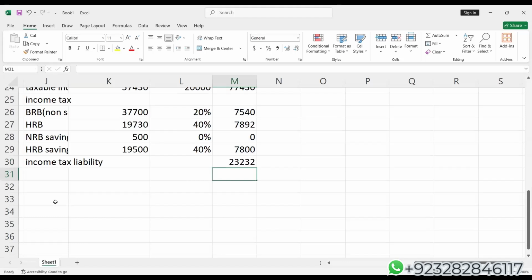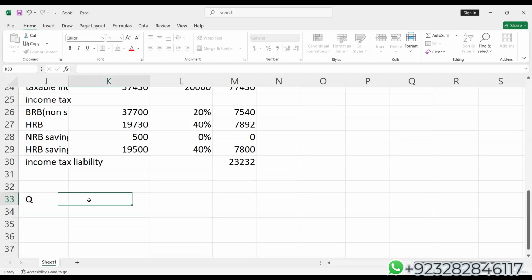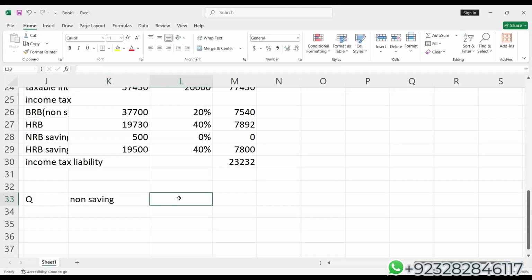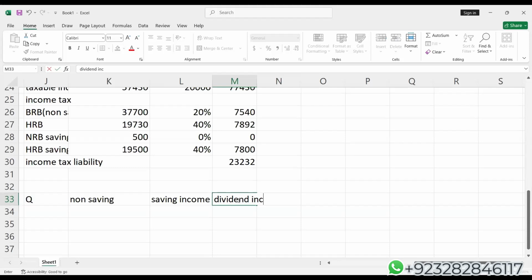Now let me write one more question. Let's say non-saving. Okay, let's see. This time we have got dividend income as well.